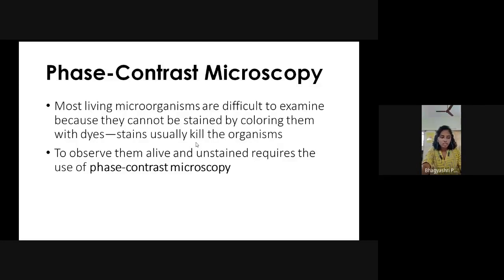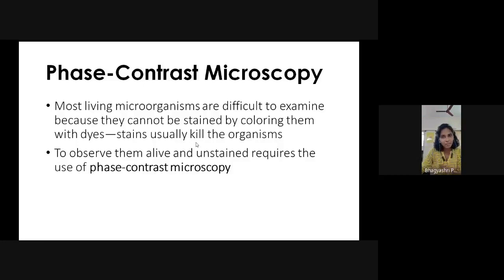In such cases, there is a special type of microscopy known as phase contrast microscopy. A phase contrast microscope looks similar to your normal microscope, but just like the dark field microscope, it has a special set of condenser and phase contrast lenses.